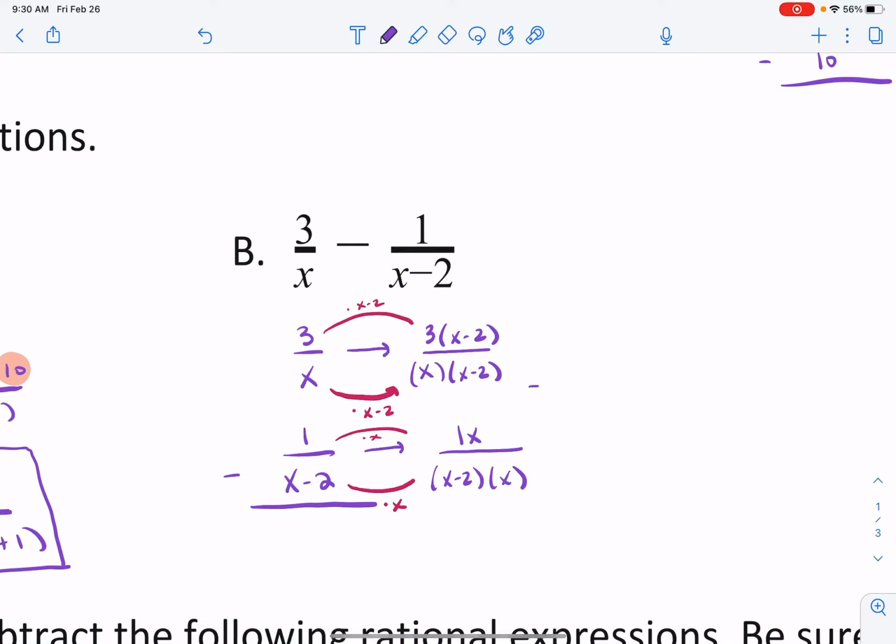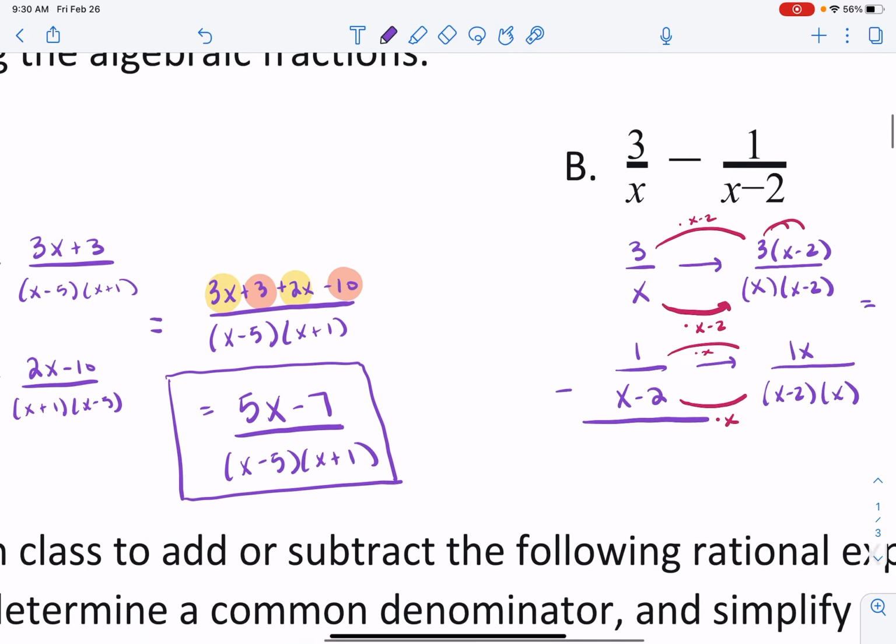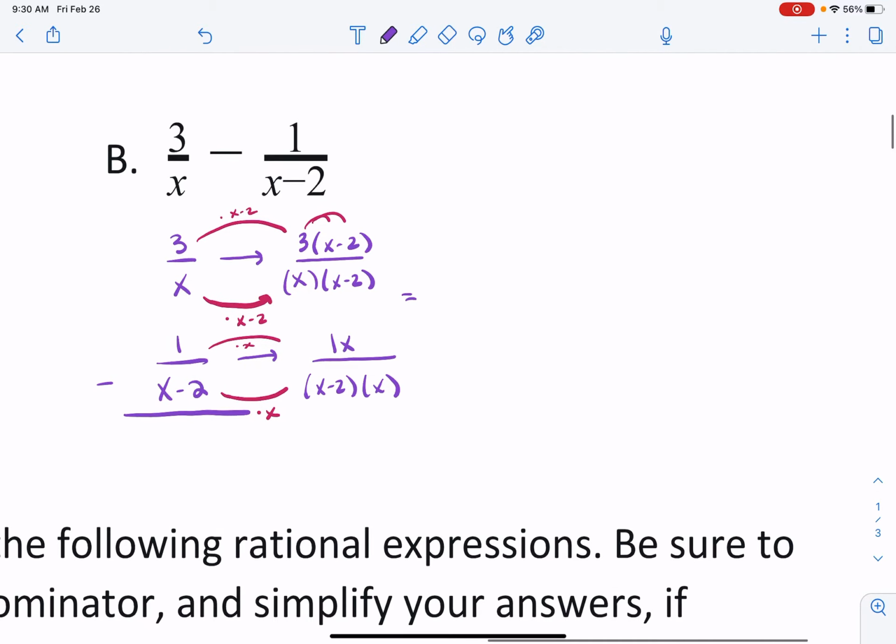Okay, so now we could distribute as well right here. Just like what we did before, I distributed, we rewrote it, and then combined the denominators. So this becomes 3x minus 6 all over x times x minus 2 minus 1x over x minus 2 times x.